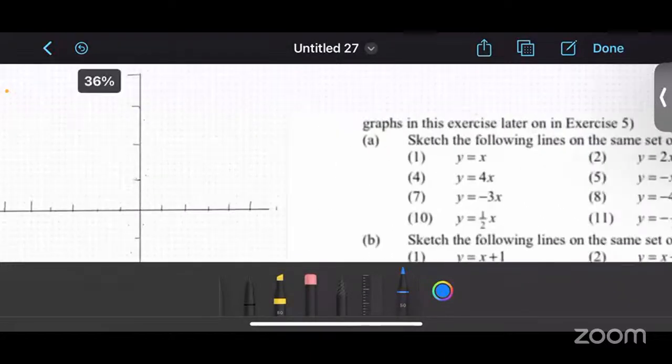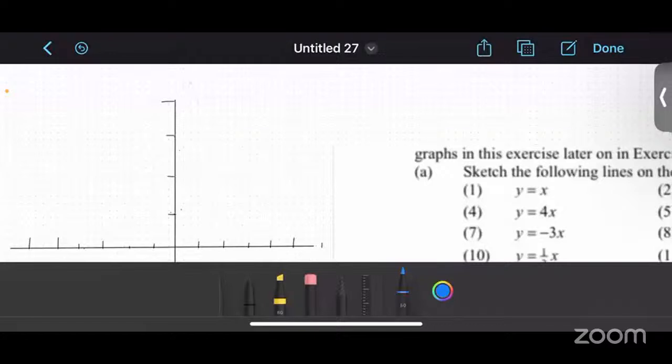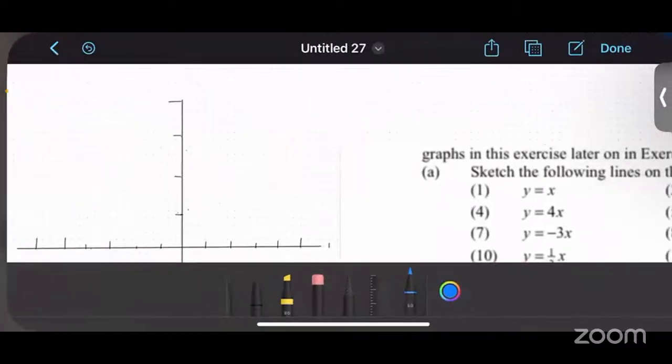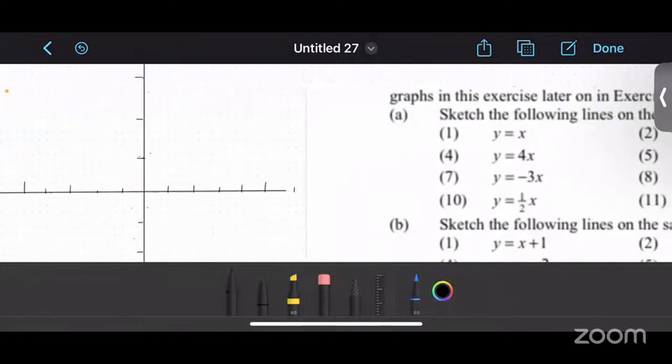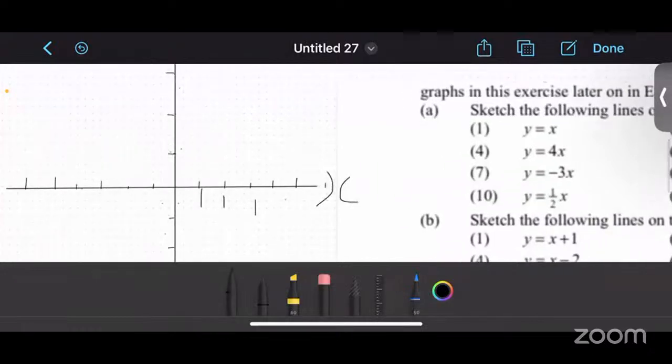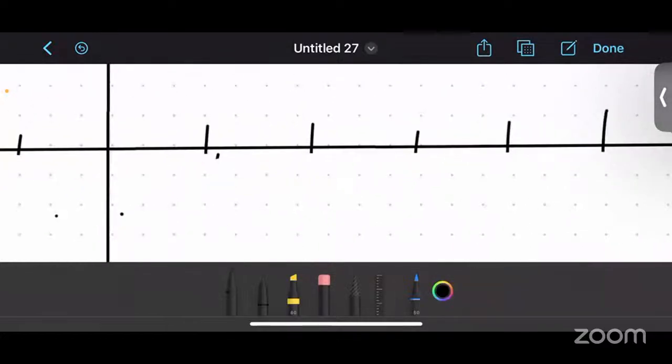This is my y axis, this is my y, and this is my x, right? And this is 1, 2, 3, 4. This is my negative, so let me try to write them instead. This is my positive one, this is two, this is three, this is four, this is five.